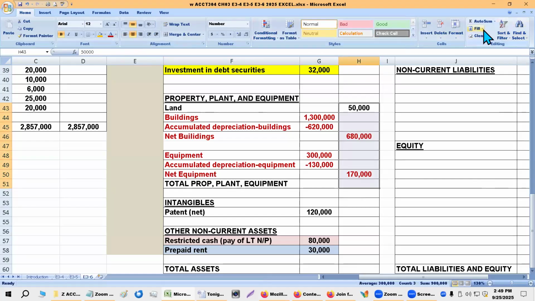Hope the sum works. 170 plus 680 is what, 750, 850. Okay, it did work. Yay.